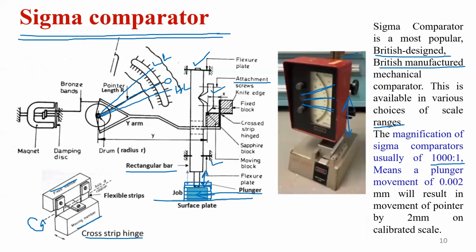If the job is produced within the given limits, then the pointer oscillates between the lower limit and the higher limit. If the component is produced beyond the high limit, then it shows beyond the high limit, and we can reject the component, or the component may need rework to get it within the limits of the size.